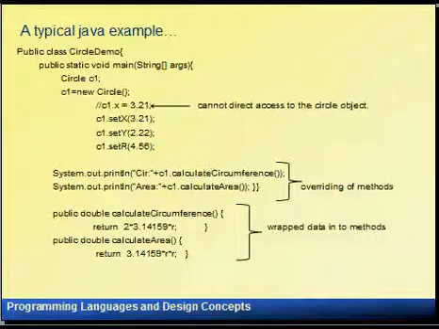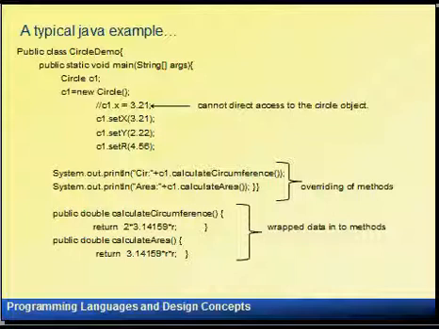So we declare some example in that. A typical Java example. So it creates a class called CircleDemo. So there are two methods available for that: calculate circumference and calculate area.